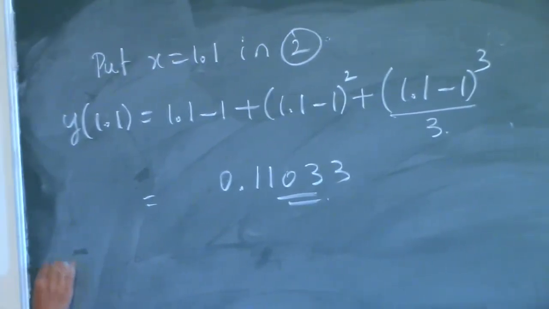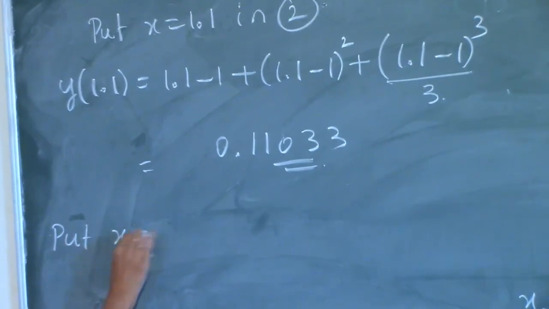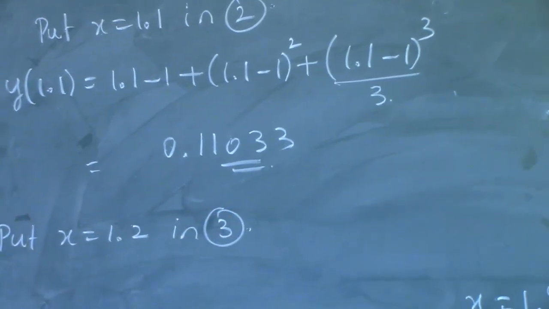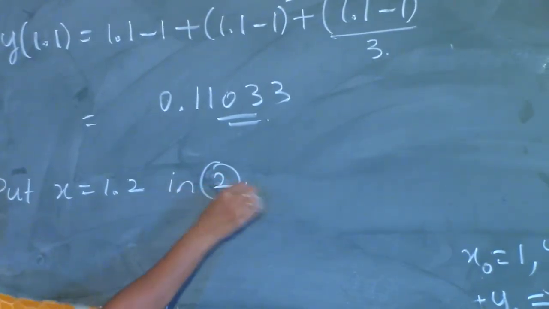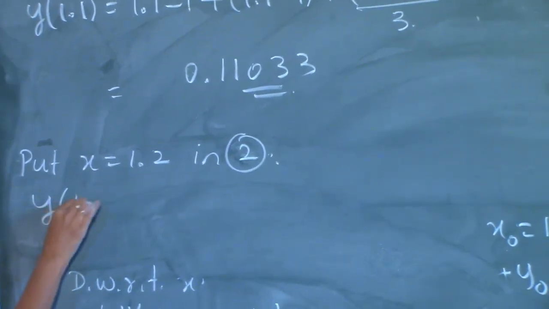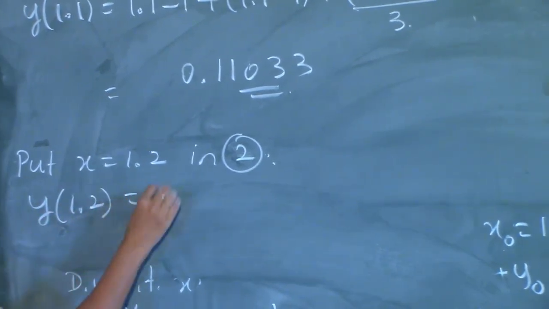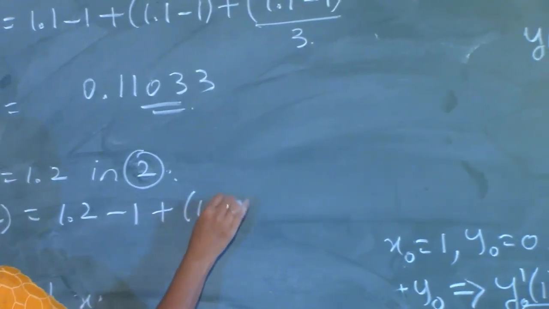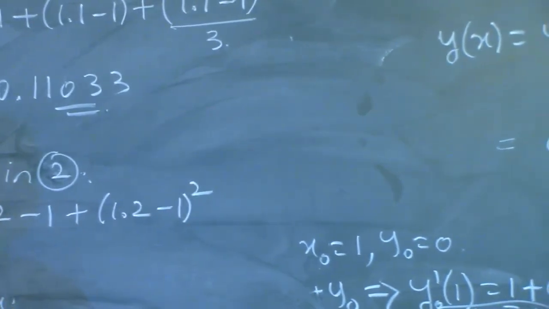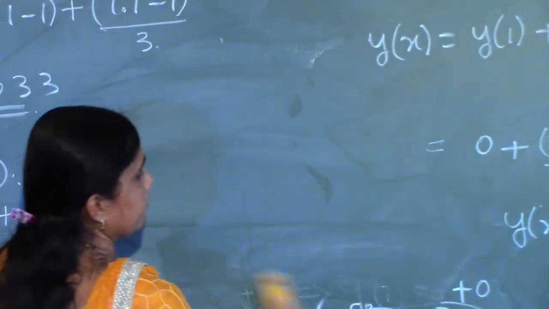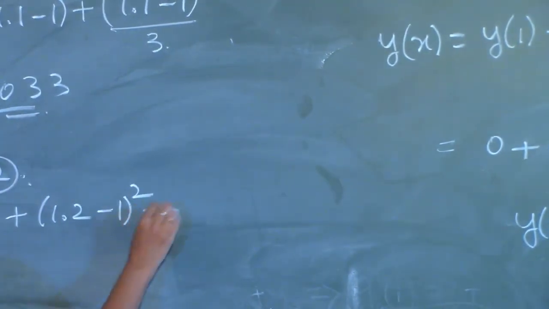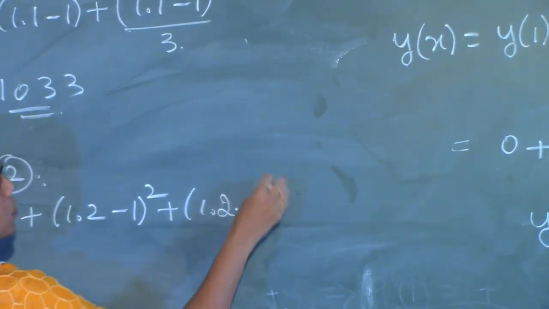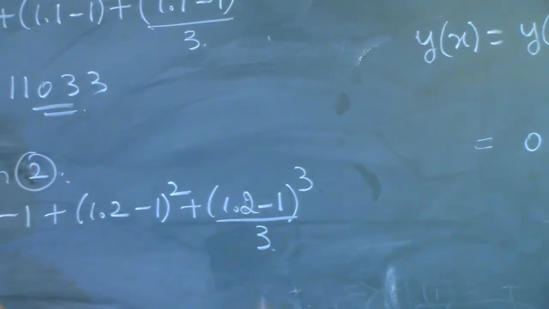Next take x is equal to 1.2. Put x is equal to 1.2 in equation 2. It is y of 1.2 is equal to 1.2 minus 1 plus 1.2 minus 1 whole square plus 1.2 minus 1 whole cube by 3.